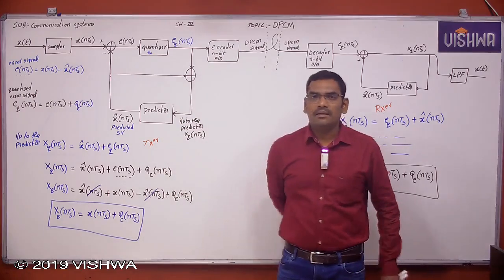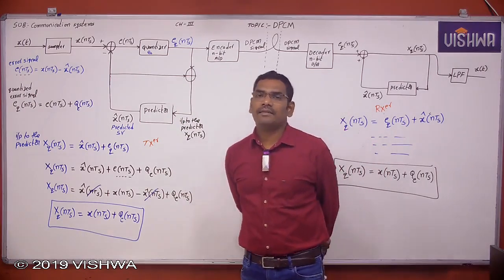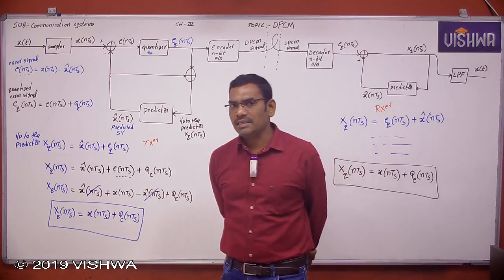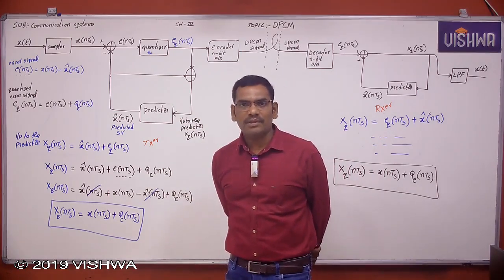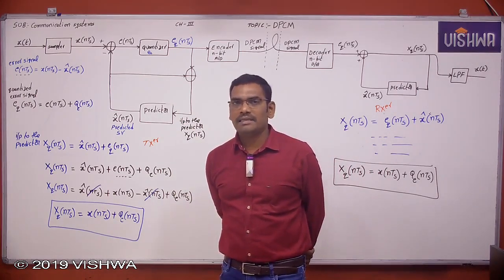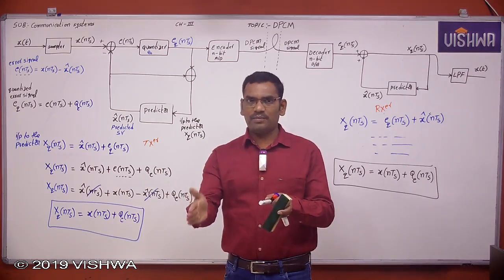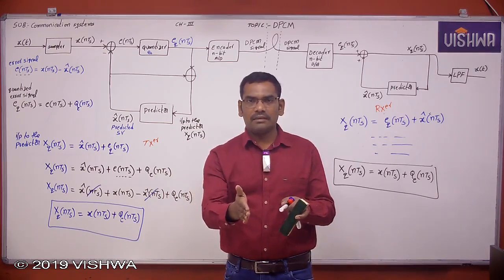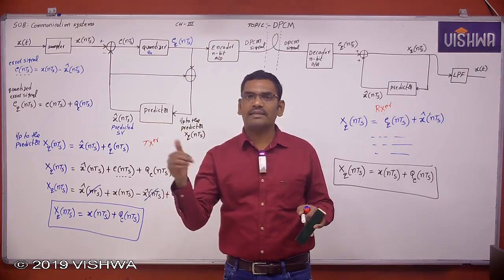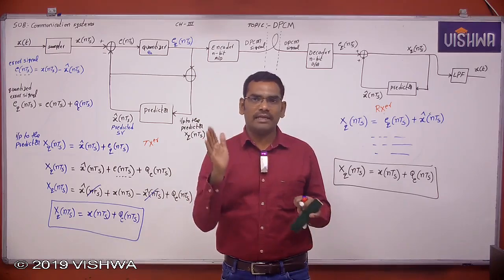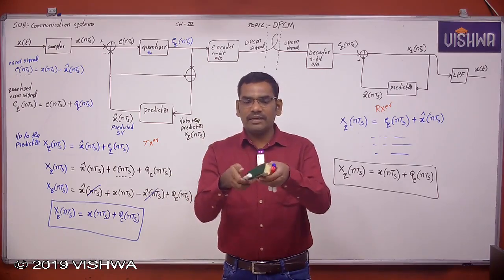Tell me, students. Is it the original signal, or a sample signal, or a quantized sample? No. Listen carefully. This is present. This is previous. The present will not go to the quantizer. Previous is also not going to the quantizer. Present minus previous, this gap.